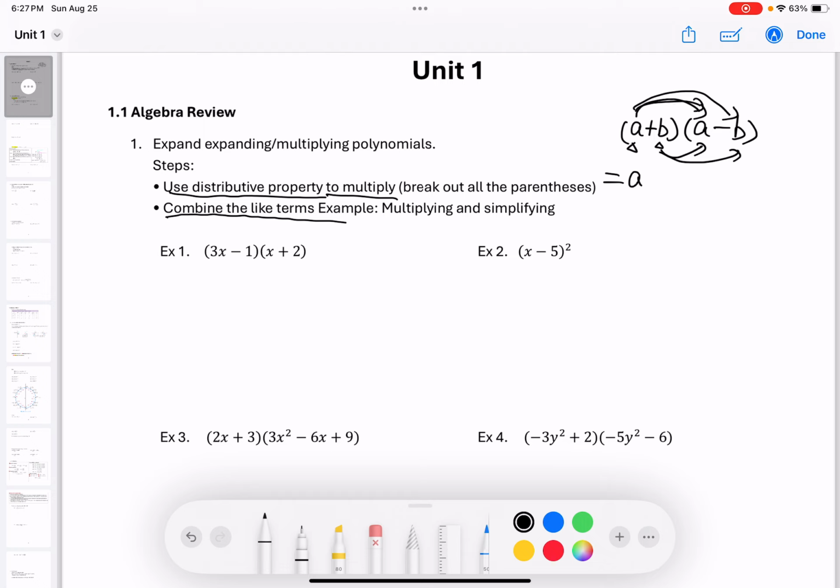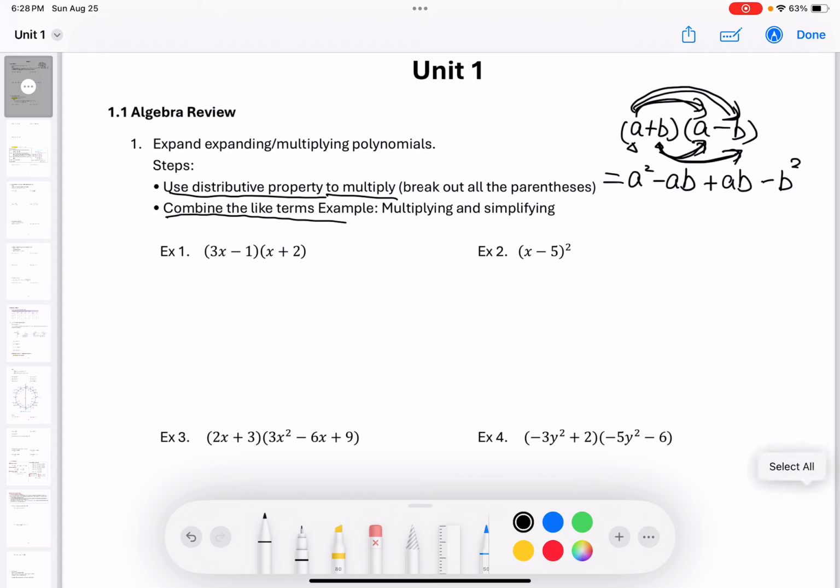A times a is a squared. Then a times negative b is minus ab, because a times negative b is negative ab. Then b times a is positive ab, or you say ba. And then last part is b times negative b, so minus b squared.